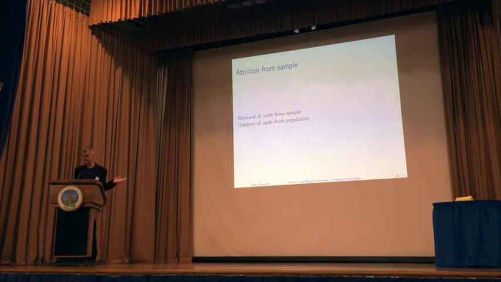So with HIV selecting its sample, because there's currently no practical cure for HIV, we say the only way a node can be selected out of the sample is through the death or moving away of the person.